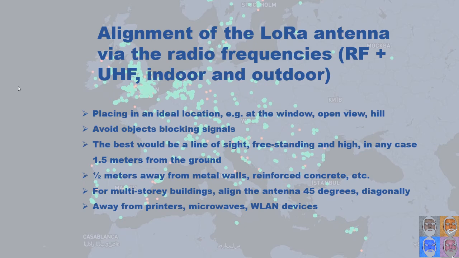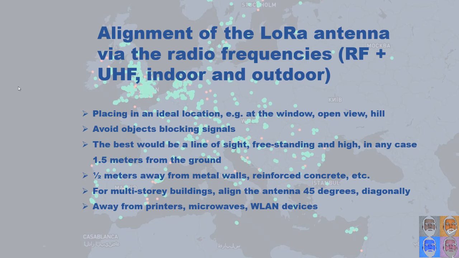So actually, some tips from my side on how you can have the best possibility to put your antenna indoor and outdoor. First of all, place it in an ideal location at the window, in open view.